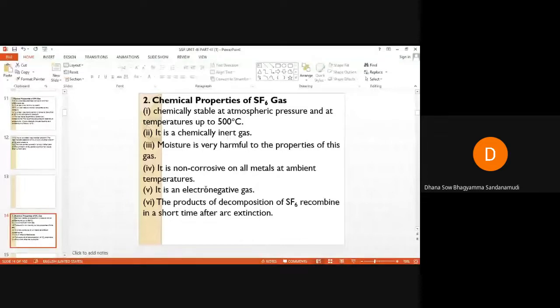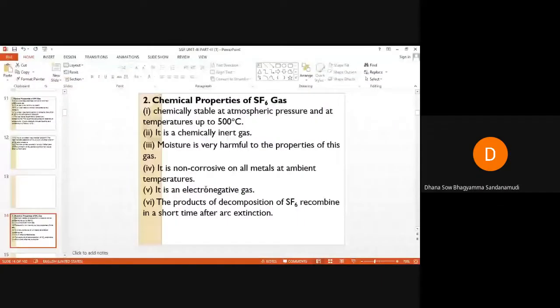The life of the circuit breaker contacts and all the metallic parts is longer in SF6 gas. The components do not get oxidized or deteriorated.